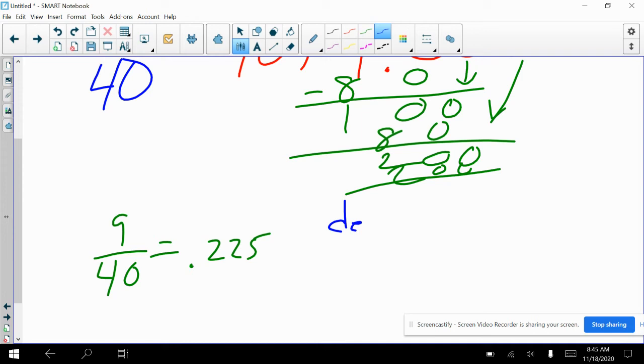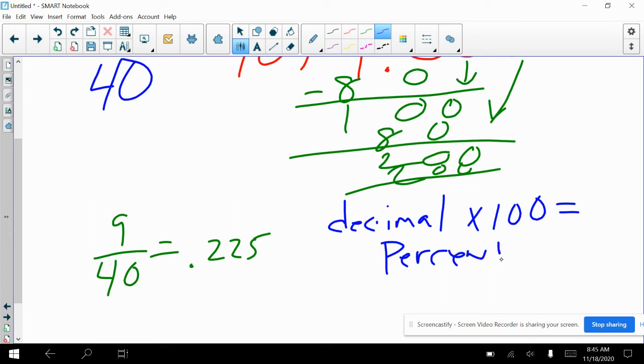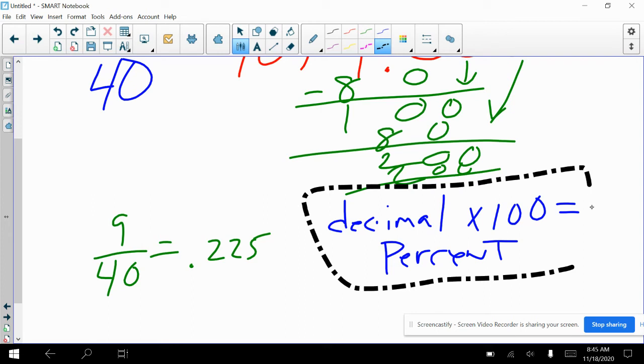Very good, sir. Anytime that you have a decimal and you want to change it into a percent, you multiply it by 100 to get the percent. Children, right here in the black is really important. If you want to change a decimal into a percent, you multiply it by 100.